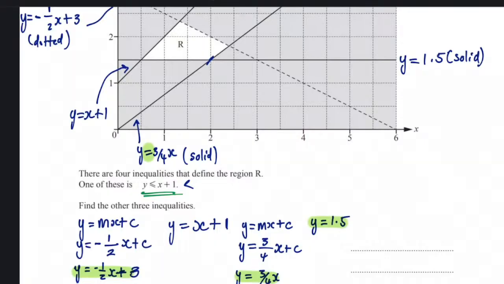Change them to inequalities. In the meantime, let me choose a question that you are going to do as number 2.